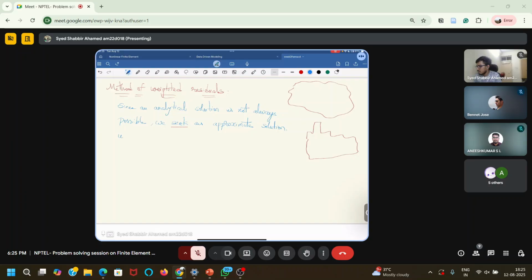Let's call that u hat of x. So this is approximate, which will be nearly equal to our exact solution, which is u of x.